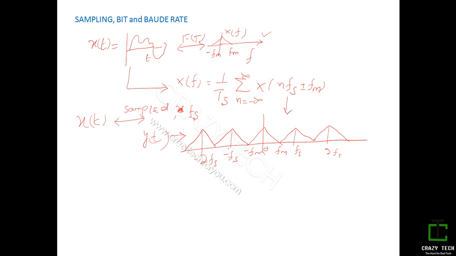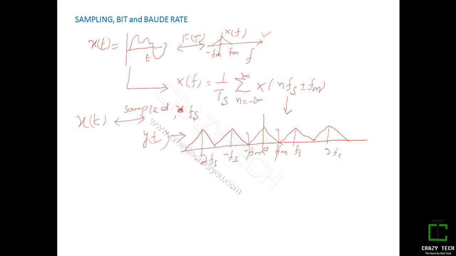This is an infinite number of spectrum replicas with an interval of fs. But I require only this portion to recover my original signal. So to recover this original signal I need a low pass filter.